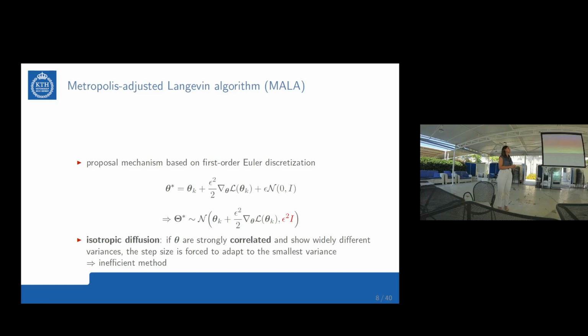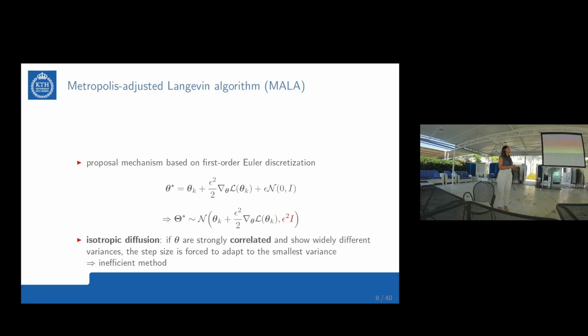But actually, the real geometry of the parameter space is, in general, not Euclidean, because these parameters theta can be strongly correlated, or they can show widely different variances. So if we consider the space according to the posterior probability, the space is stretched in certain directions.